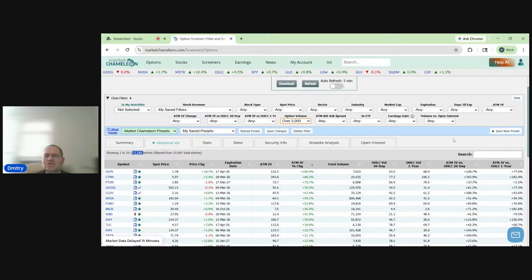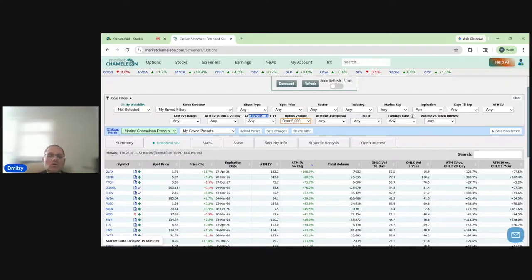So now we could screen by these two metrics to see if the implied volatility is particularly higher or lower than the historical vol. And we could use these two metrics here. So let's say we were looking for something where implied volatility got crushed.